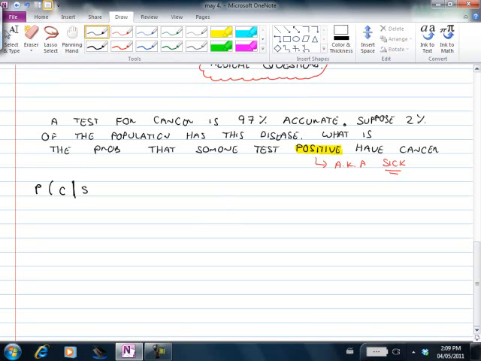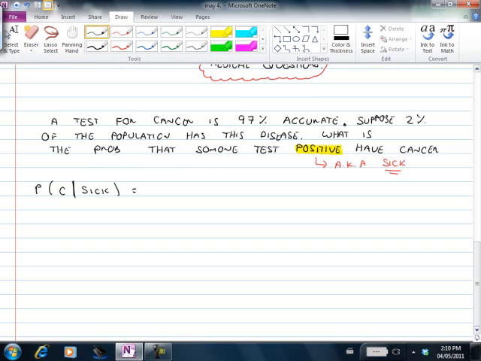So given that, let's say, you're sick. I'm going to use the term sick instead of positive. This says you test positive already, so given that you're testing positive, what's the chance of you having cancer?